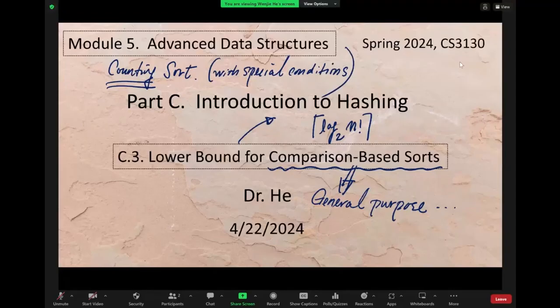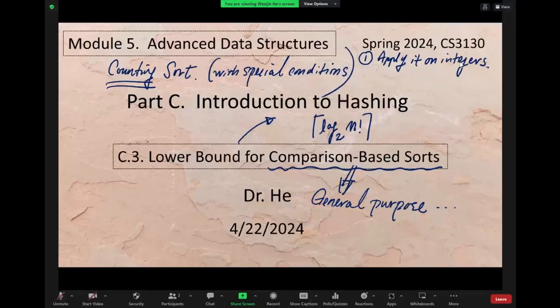So what are those special requirements? First, you must apply it on integers. So not floating point numbers, only on integers. For comparison based, we do not require that, right? So you can see how special it is.